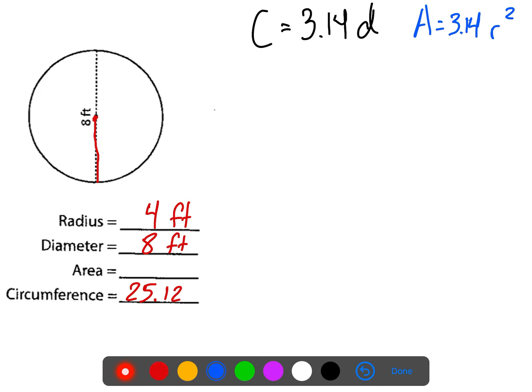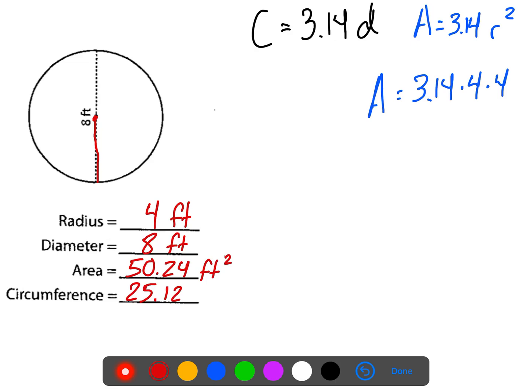To find area, we'll take 3.14 times 4 times 4. Remember, that's 4 squared. 4 to the second power is 4 times 4 is 16. And I'm going to take 16 times 3.14 to get the area of 50.24. And this is area. This is going to be square feet.